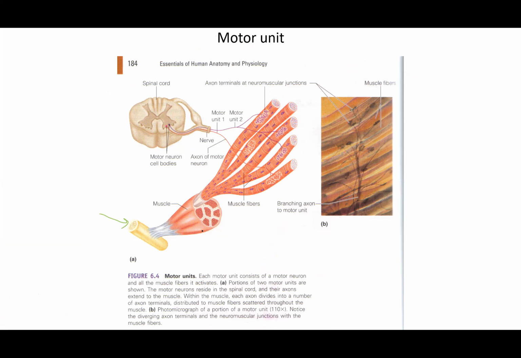All right, and here is your muscle that has been cut. So they can show you the inside parts of the muscle, and then they pulled out all the muscle fibers, the individual muscle fibers. And then they're showing you that the spinal cord has a motor nerve.